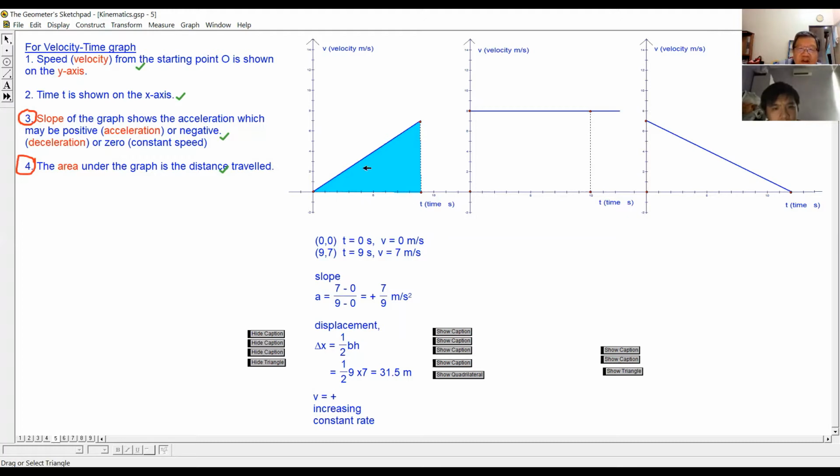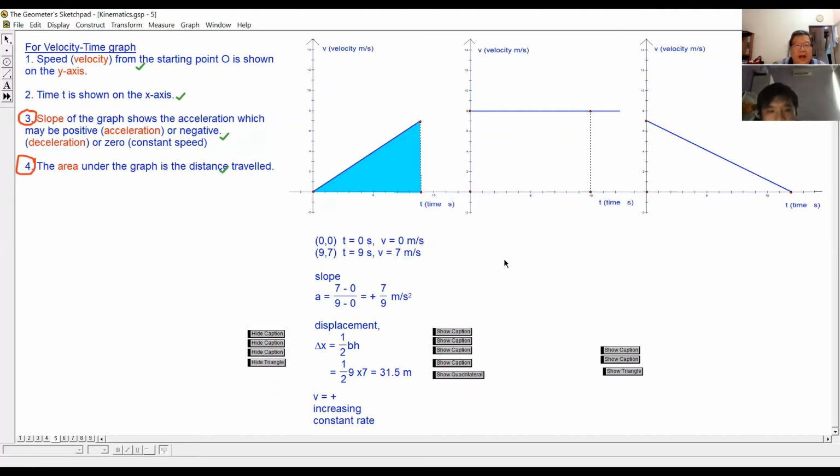Since this is in the shape of a triangle, I find the area using half base times height. The base here is 9 and the height is 7. When I multiply them together, the area is 31.5. So I know the distance covered during this time is 31.5 meters.